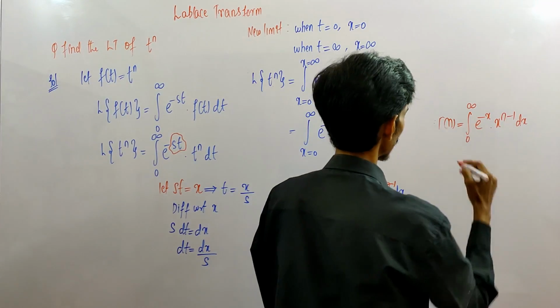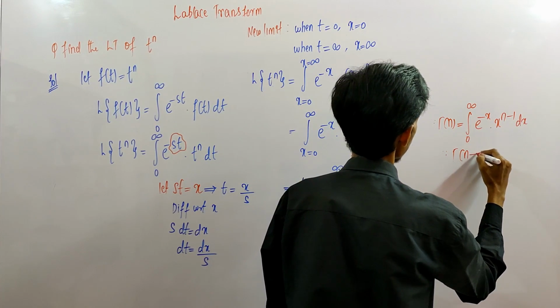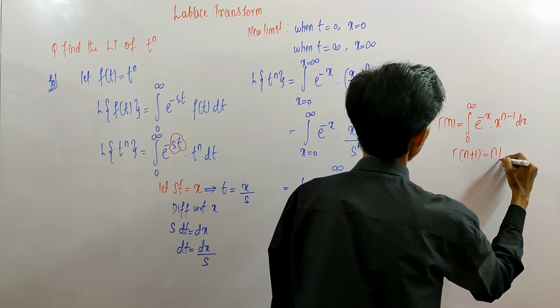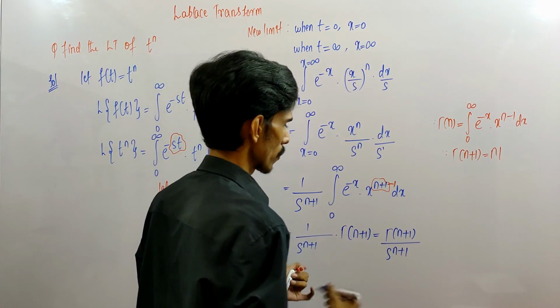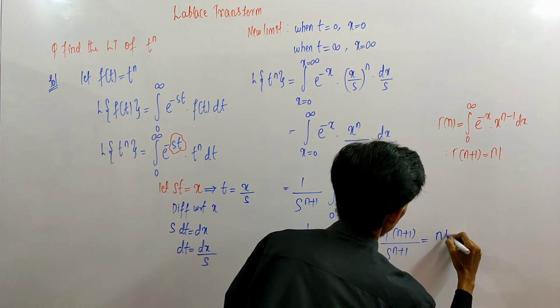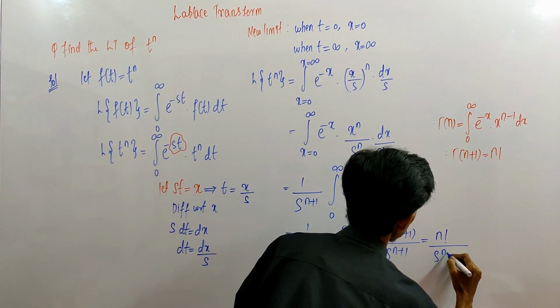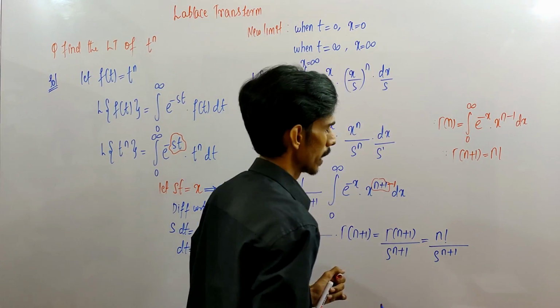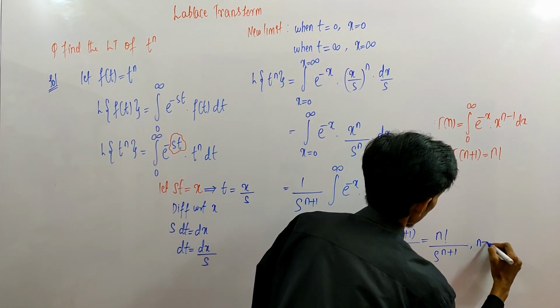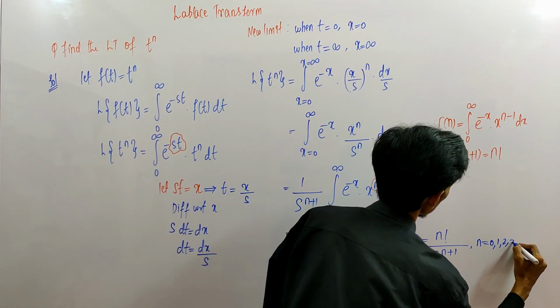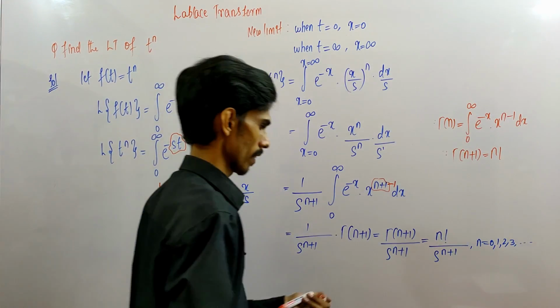Also we know that gamma of n plus 1 value is n factorial. So this will become n factorial divided by s power of n plus 1. Here this n can be 0, 1, 2, 3 and so on.